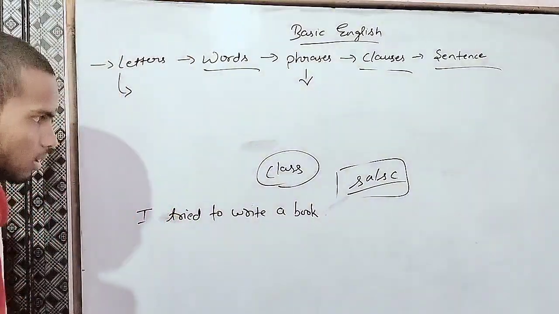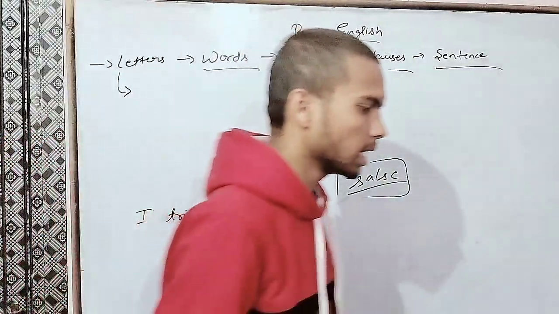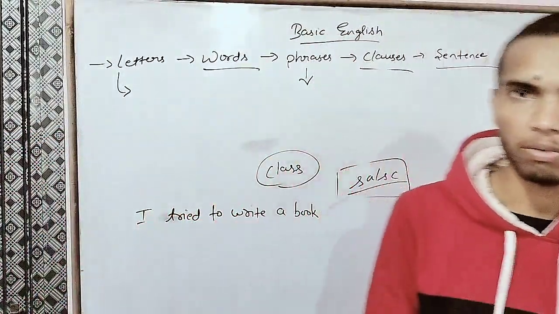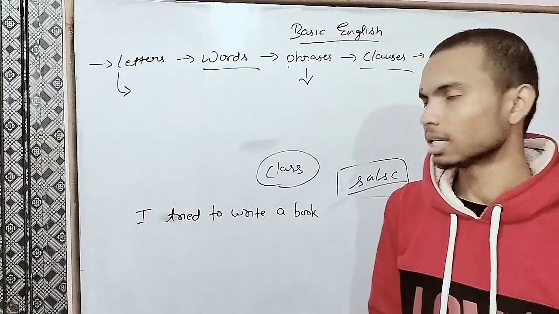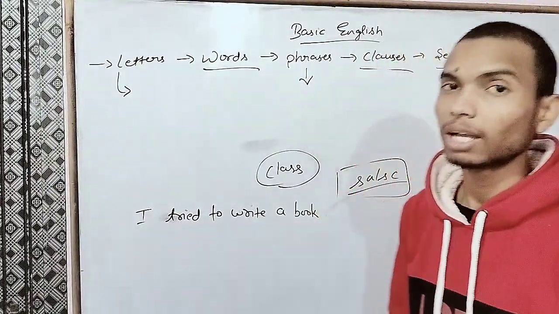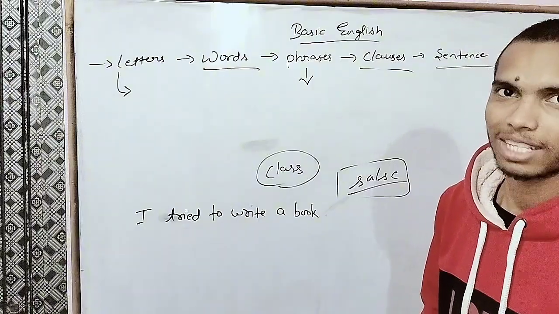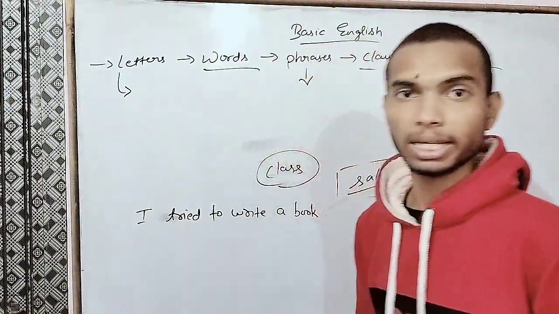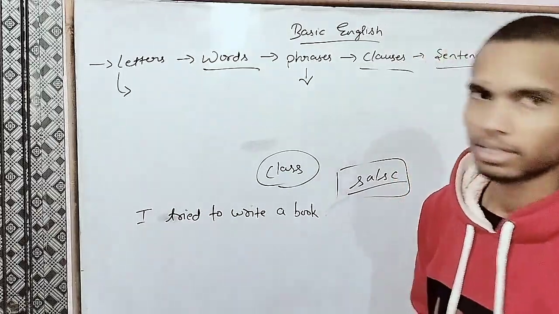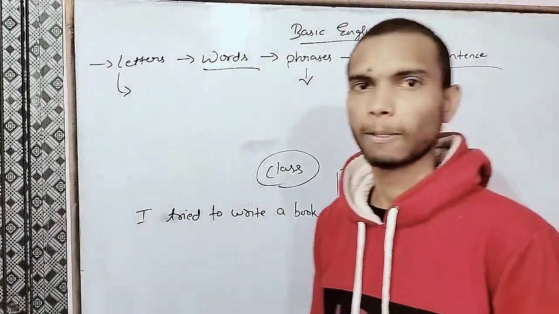This is a sentence. Yeah, this is a sentence. In this sentence, we have a lot of words. So how much? 1, 2, 3, 6. We have 6 words, and each word in this sentence has a meaning.